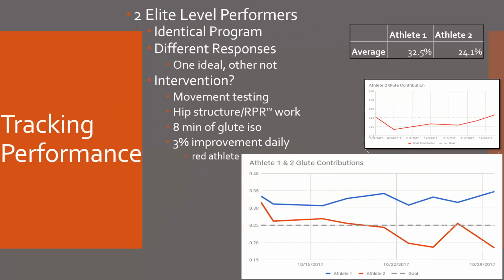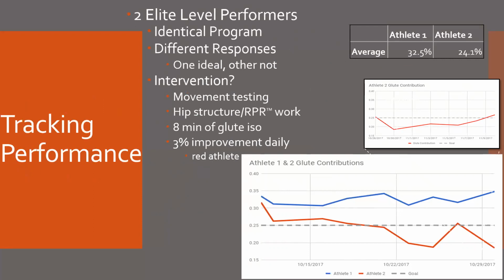This athlete in the red, on the other hand, starts at a really high level and then slowly begins to drop. So when we have this EMG available, the opportunity to intervene becomes much more available to us as coaches, and we can say, hey, this athlete's no longer functioning in an appropriate manner. How can we get them back to what we're doing?